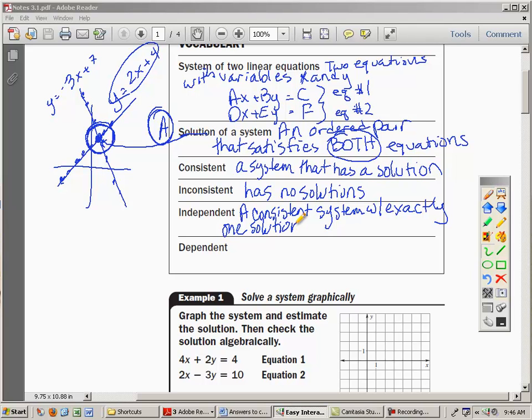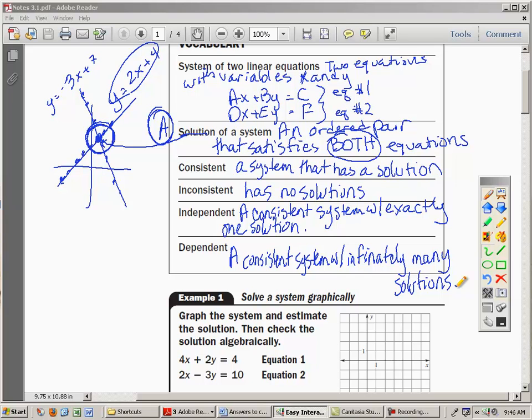And again, we'll be going through what these mean in just a little while, but it's a consistent system with exactly one solution, and dependent is a consistent system with infinitely many solutions. And again, don't worry about the specifics of those, at least get the definitions down for now, and we will talk more about those when we get into the next page of the lesson.